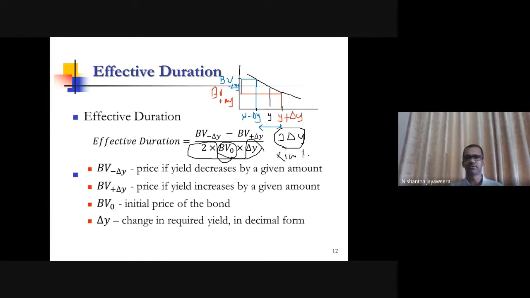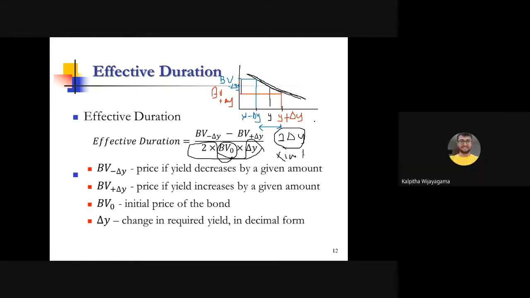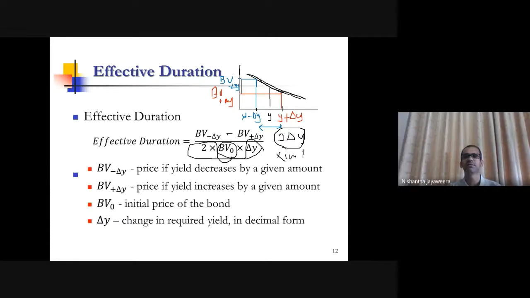Did you get it? That's the way of approximating the duration. You basically calculate the slope of this line. In the numerator, you deduct one value from the other.